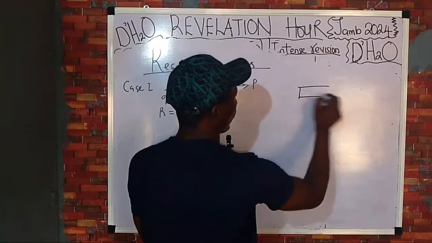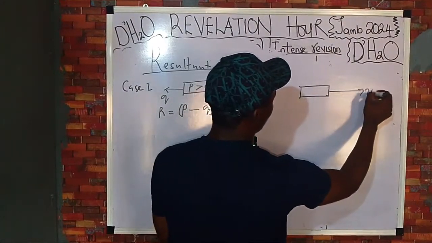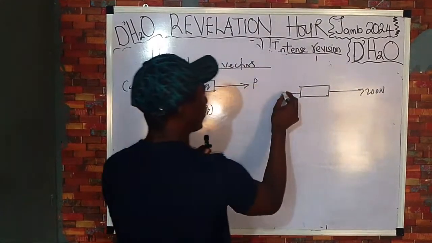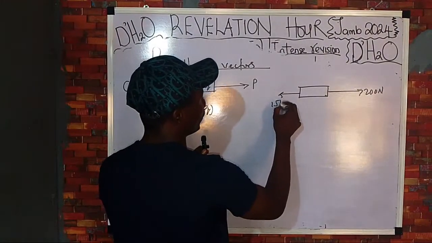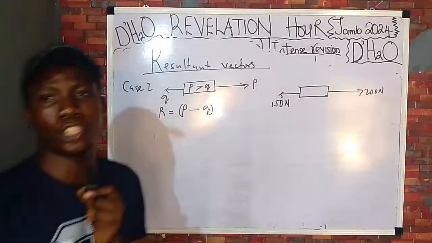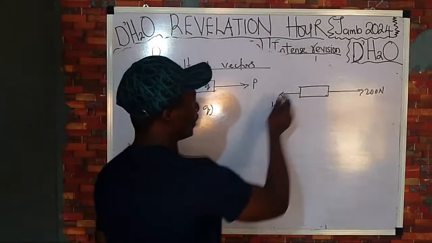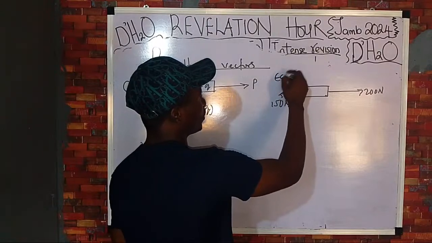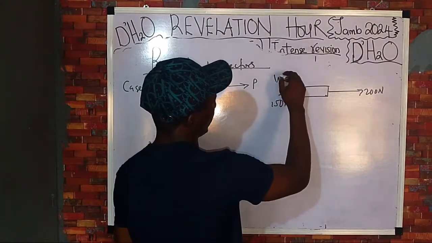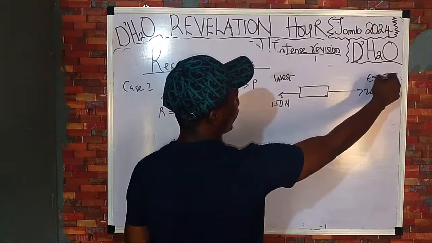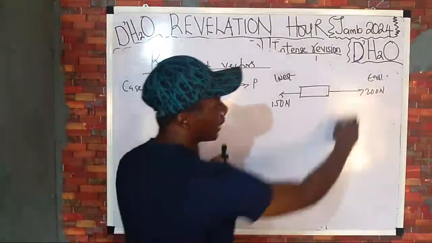I'll give you one illustration. If I have a block of mass pulled by a force of 200 Newton and another force here of 150 Newton, which direction will this object go, class? Is it towards the east or towards the west?